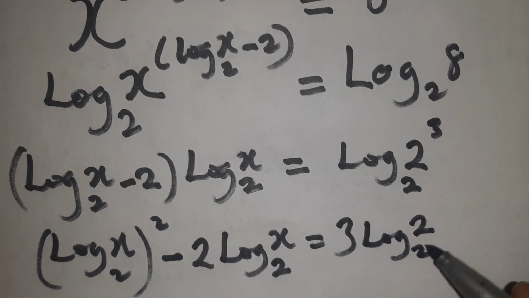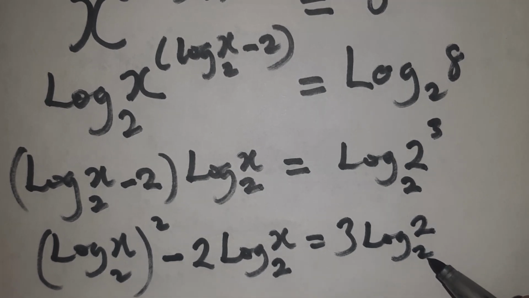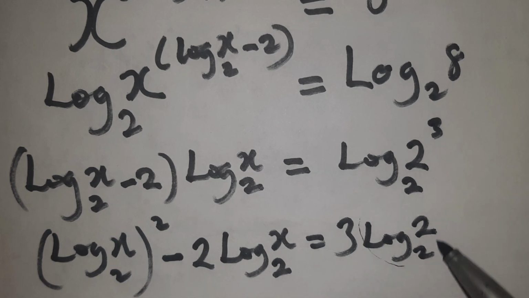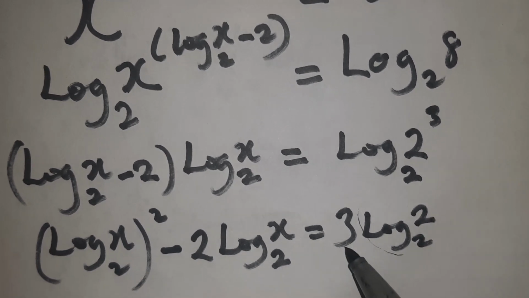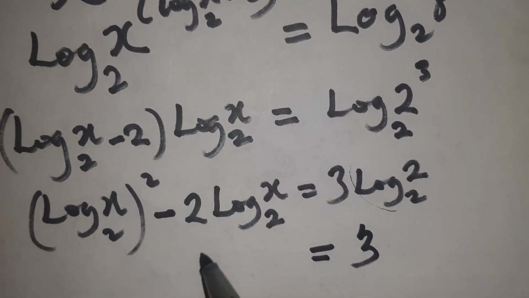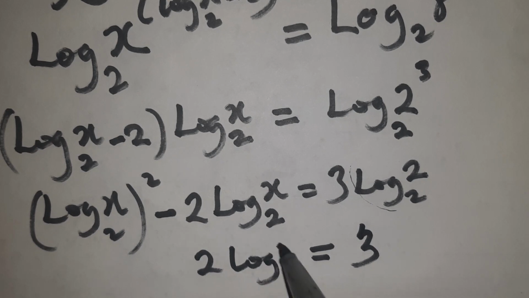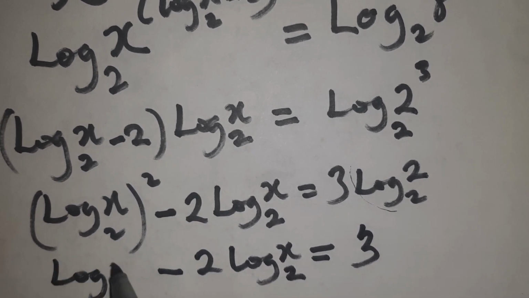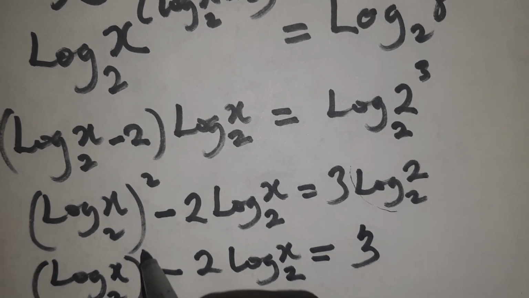And of course, when the number and the base are the same, we have 1. So this alone here gives me 1. If I evaluate this, then 1 times 3 gives me 3. So I'll just have 3 left on the right hand side. Then equal to, of course, 2 log x base 2 minus log x base 2, everything squared.